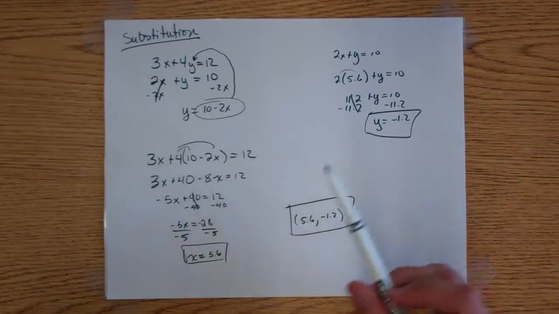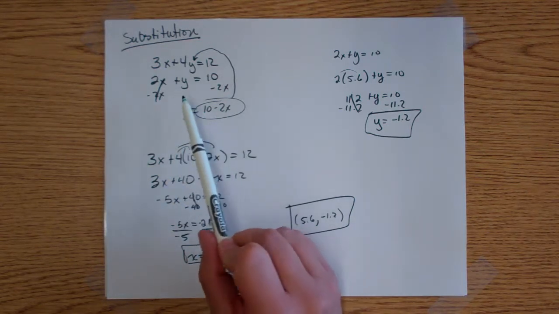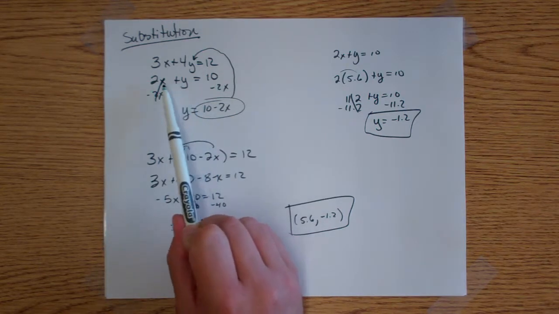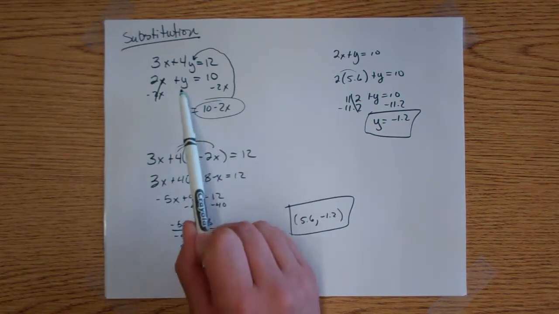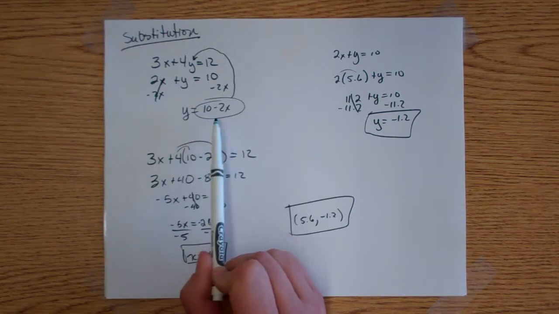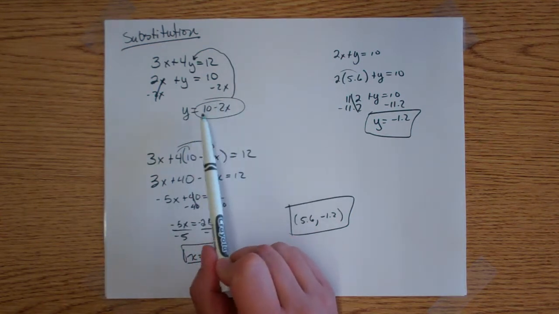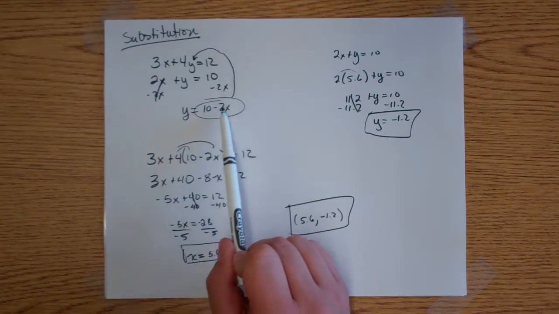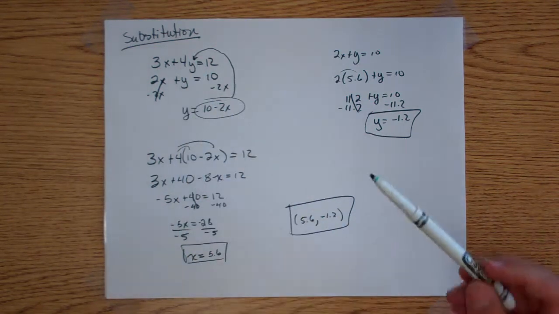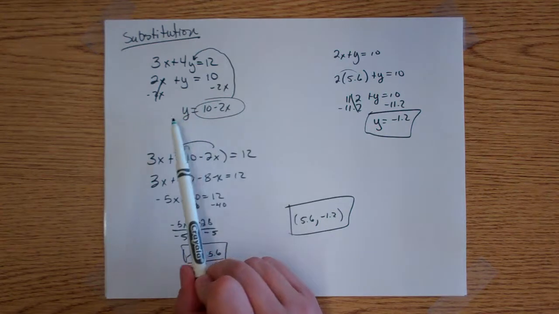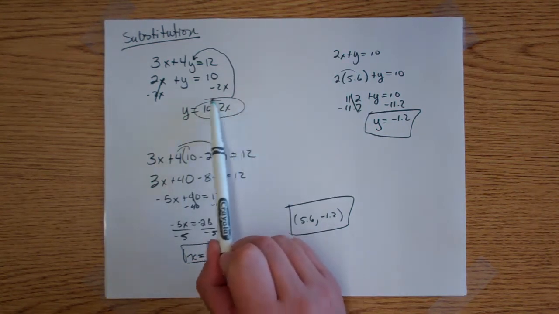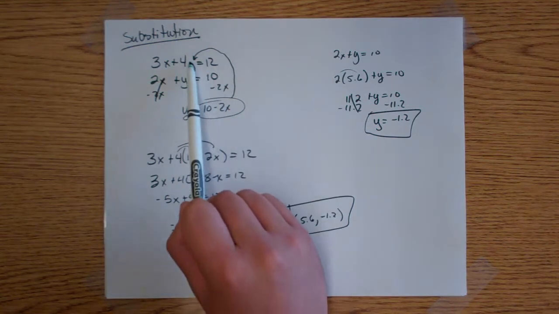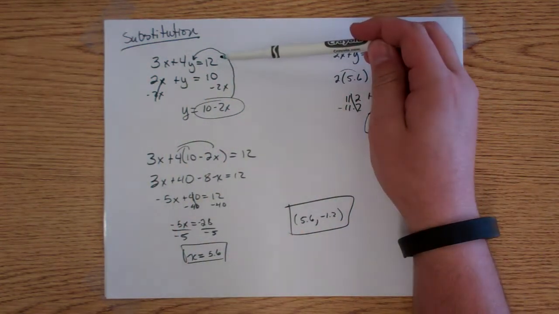So for substitution, you pick one of the equations and solve it for one of the variables. In this case we solved the second equation for y. Then you take your solved equation and plug it in for that variable in the other equation. Just like we did, we solved for y, got 10 minus 2x, and plugged that in for y in the top equation.